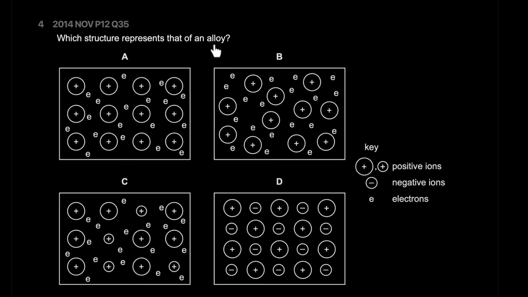Which structure represents that of an alloy? What's an alloy? An alloy is simply a mixture of 2 different metals. Mixture. So over here it doesn't look like a mixture, it just looks like a single metal.